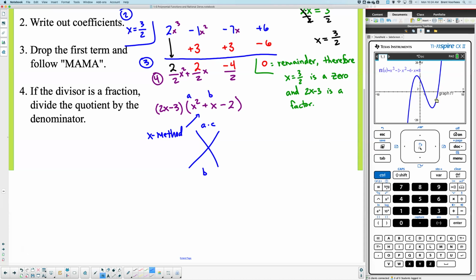A, B, C. My A value is a 1. What is 1 times negative 2? Negative 2. My B value is also a 1. Don't pay attention to the negatives till the very end. What are my only values that can multiply to be 2? 1 times 2. Kyron, you need to have your phone up. It's got to be a 1 and a 2. I'm going to do a 2 first because it's going to make more sense in a moment.